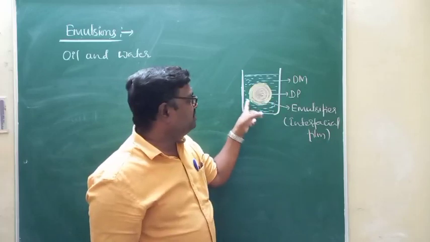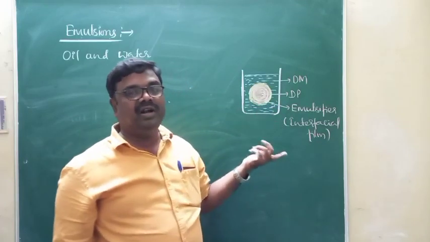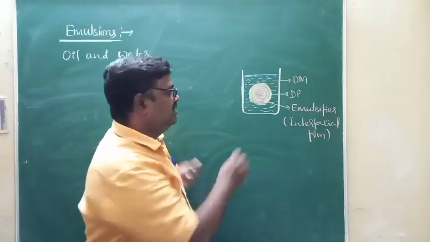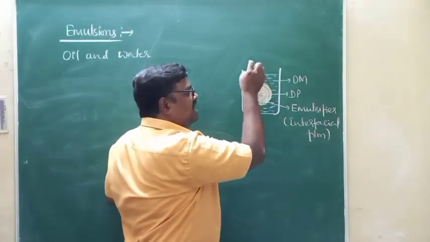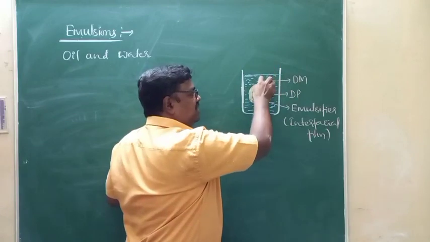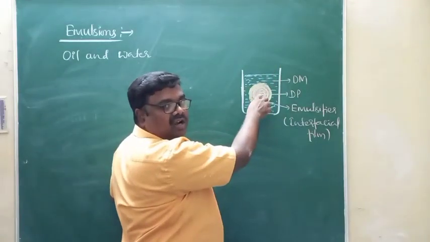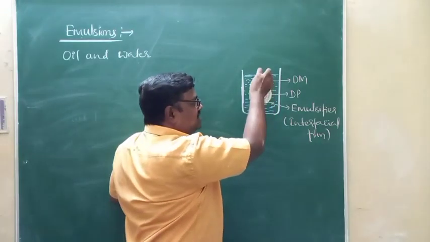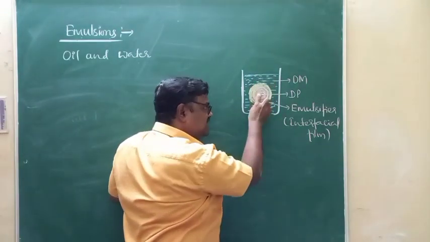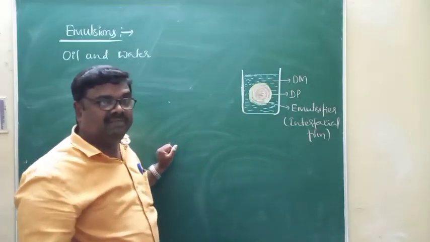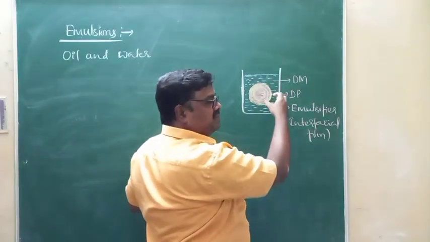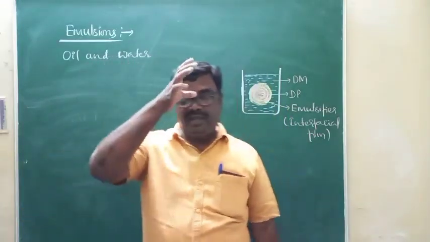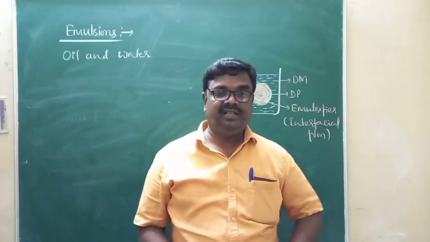If these emulsifiers are removed, there is no interaction between oil and water. But in the presence of emulsifier, it can attract dispersion medium molecules as well as dispersive phase particles. This is how an emulsifier stabilizes emulsions.